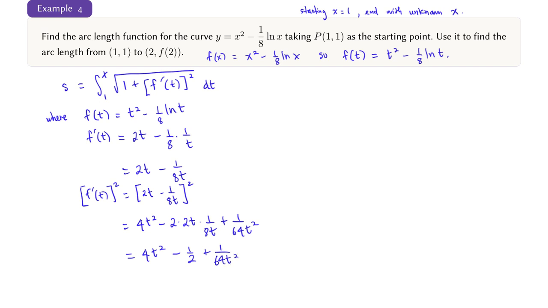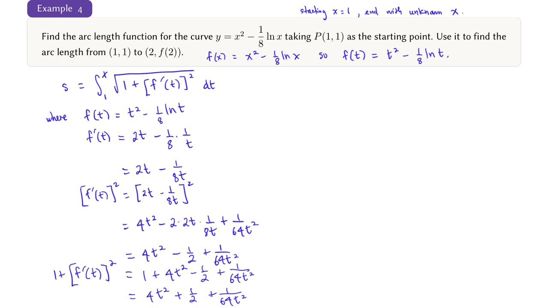Pay attention to this trinomial and the square of the binomial. The trinomial is the same as the square of the binomial. 1 plus f prime of t, the quantity squared, is 1 plus 4t squared minus 1 half plus 1 over 64t squared, which simplifies to 4t squared plus 1 over 2 plus 1 over 64t squared.